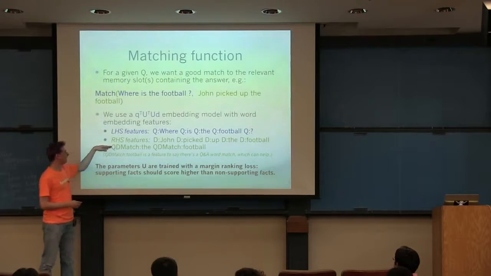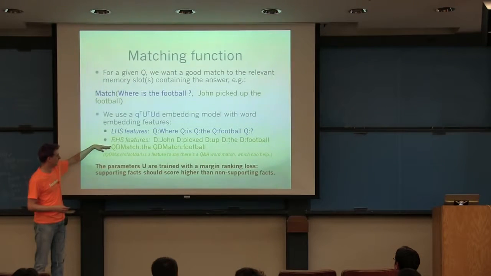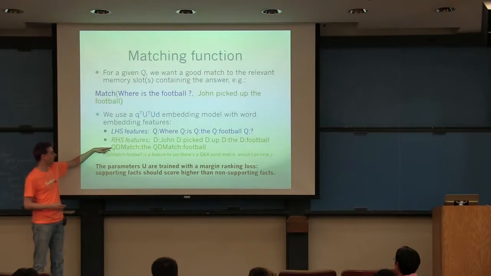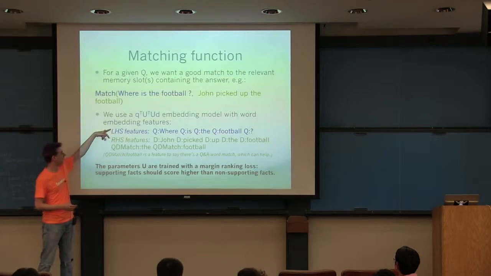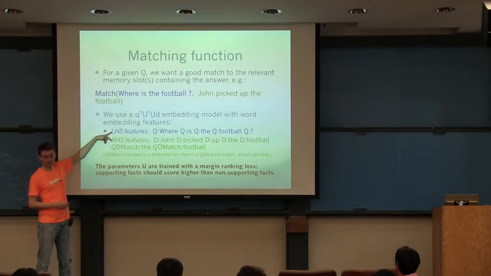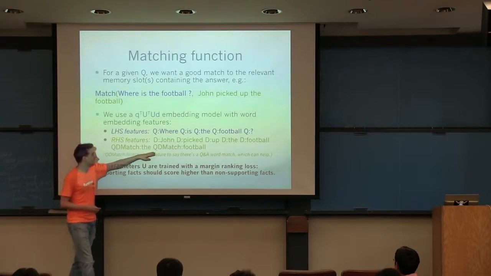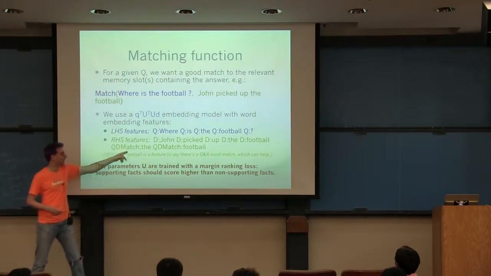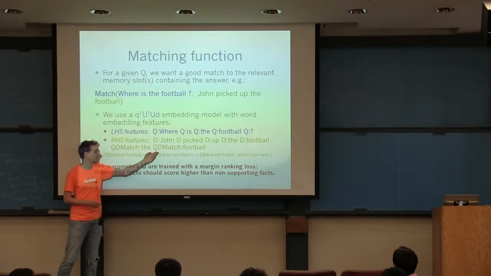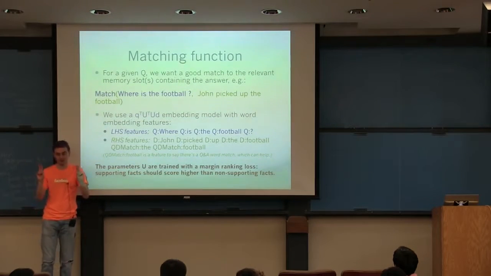Sorry, there is actually an extra complication here that I didn't describe. We also added these possible features QD match that say when there's an exact word match between the two arguments, the left hand side and the right hand side. In this case, football appears in both the left and right hand side, right? So you can add this extra special word QD match football as well.